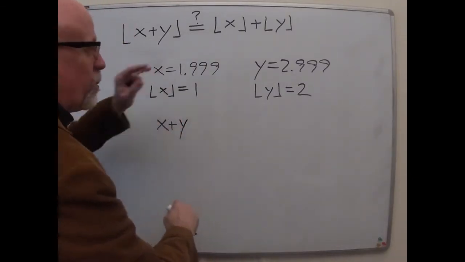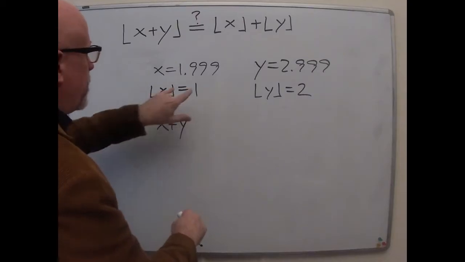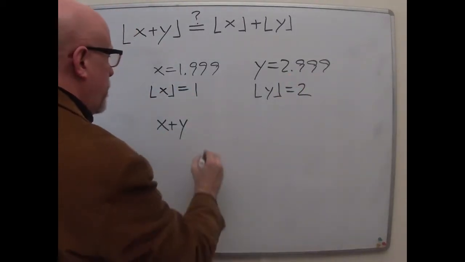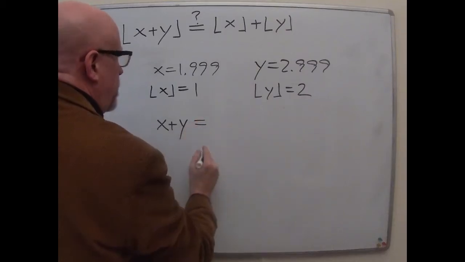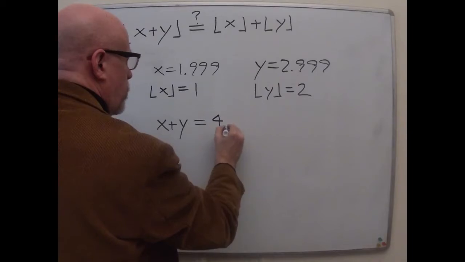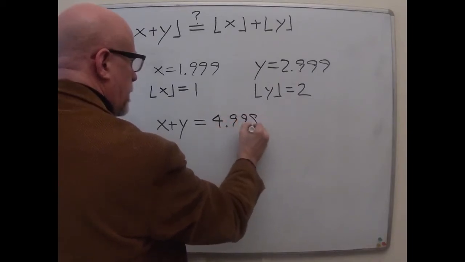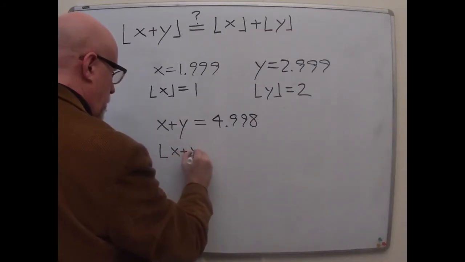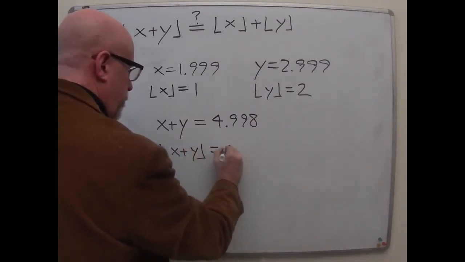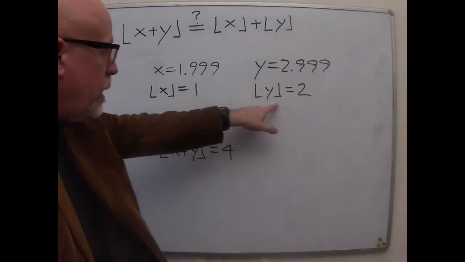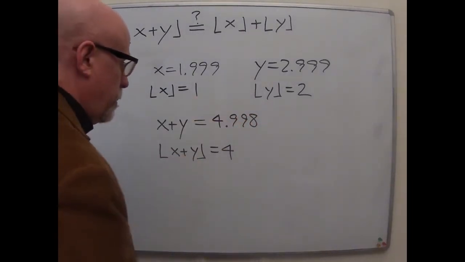Here's where estimation will help us. That's basically 2, and that's basically 3, and 2 and 3 is 5. So this is just a little bit less than 5. Actually, it's 4.998. All right, so what's the floor of x plus y? Well, it's 4. But x and y's floors separately are 1 and 2.